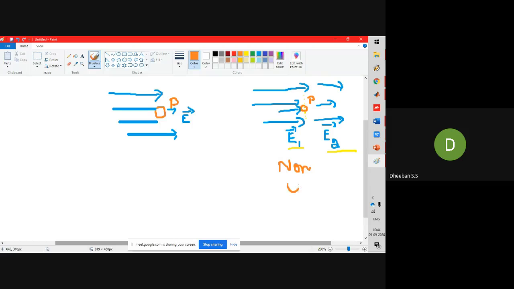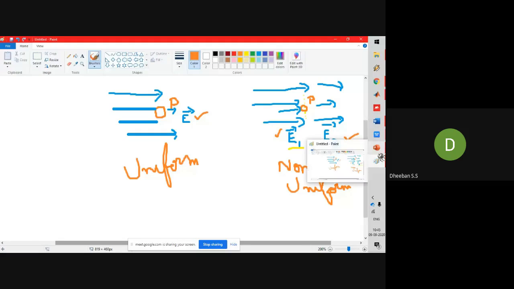So your point charge is subjected to non-uniform electric field, and this will be your uniform electric field. In this, throughout the point charge, the electric field will be E only, but over here, one half will be having E1 and the other half will be having E2. This is what you have to understand with respect to your electric field. Okay. So now moving on.